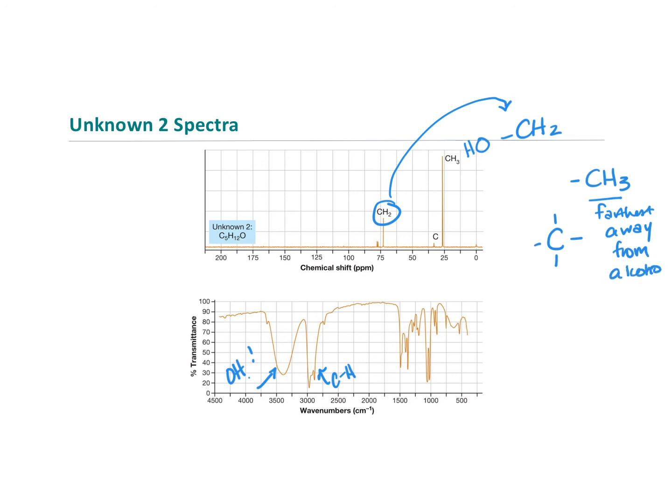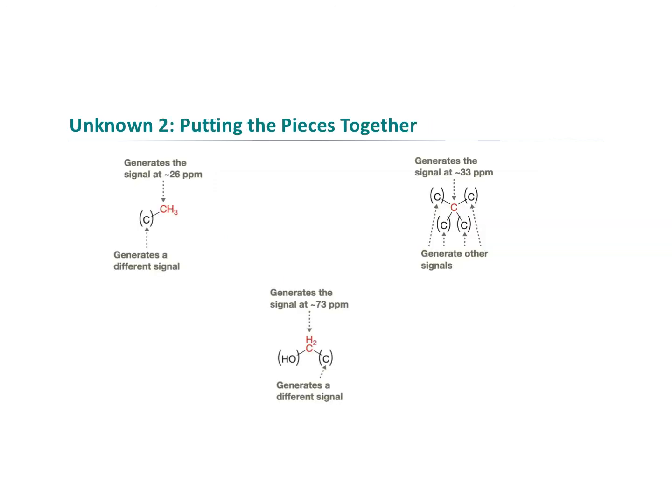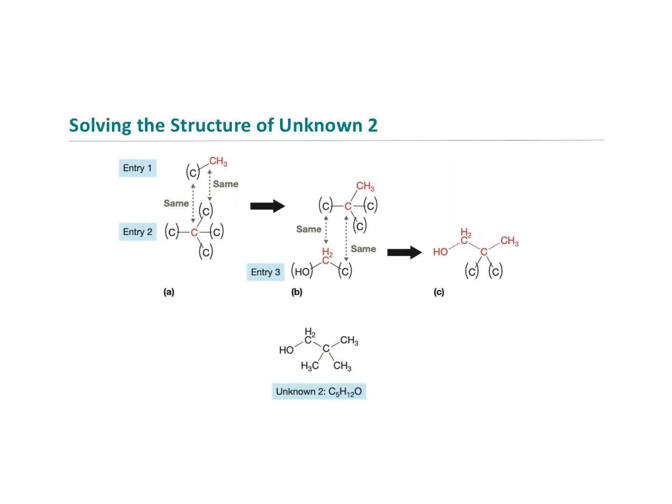So when we look at this, right, and look at all our pieces, we've got a CH3C, and that's got that chemical shift that's farthest away. We have some sort of C that's in the middle, and then we've got a CH2 with an OH. So if we piece together these, right, we can see that there are our signals, and then we can bring these together to show that, hey, look, if you've got this one, and this one, all of those in blue there are equivalent, right?